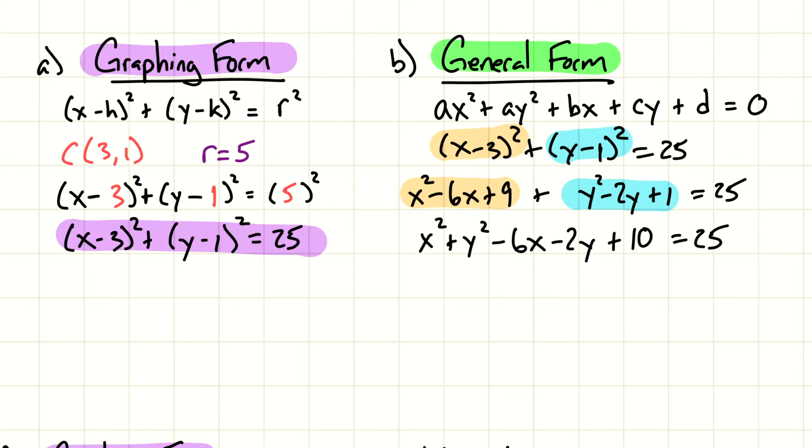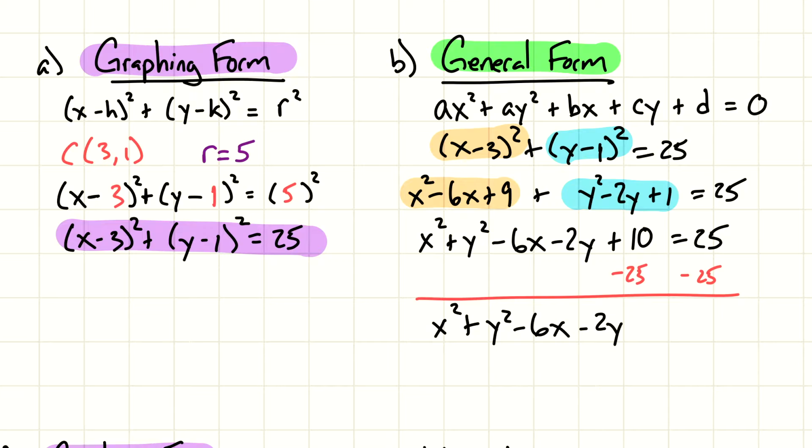So I'm going to subtract 25 from both sides. And so that will leave us with x squared plus y squared minus 6x minus 2y minus 15 equals to 0. And that would give us our general form that we're looking for.